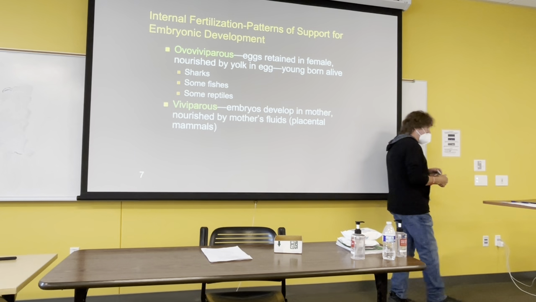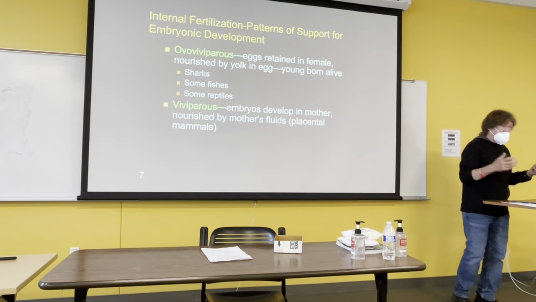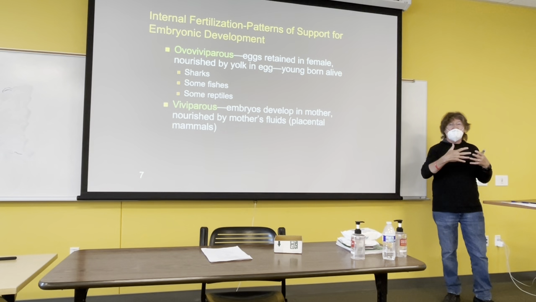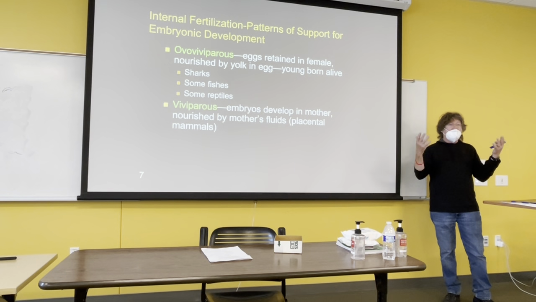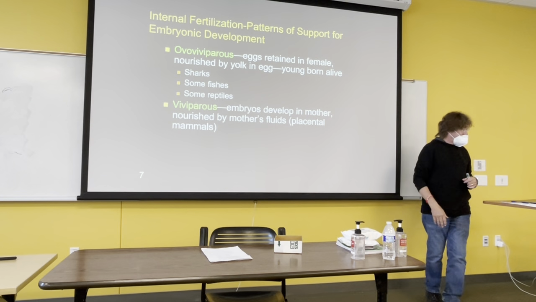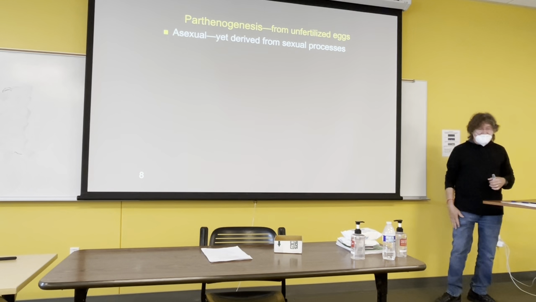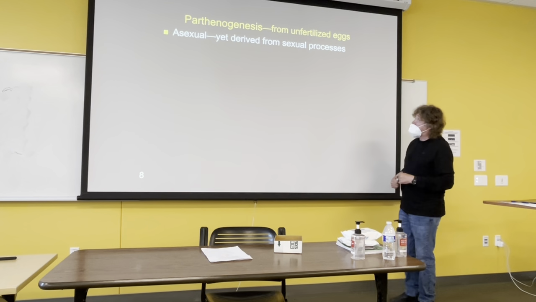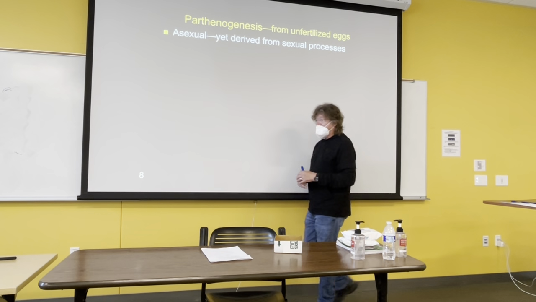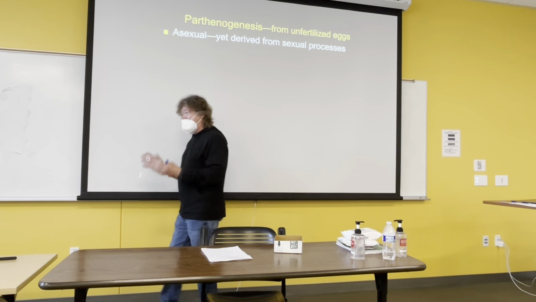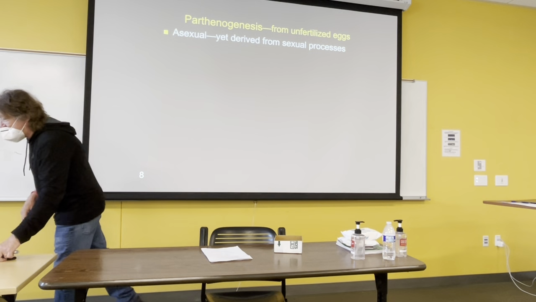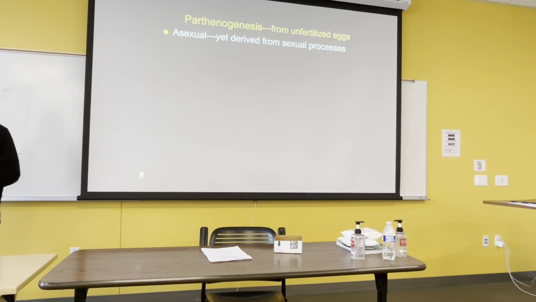In mammals, this is due to a capillary connection in the placenta between the baby's blood and the mother's blood. So, viviparous. Now there are some interesting things that have evolved in some animals that are still regarded as asexual to a certain extent, but they develop from sexual systems.